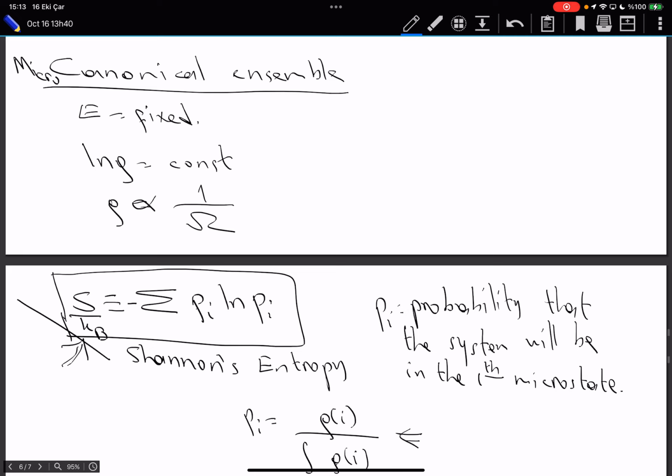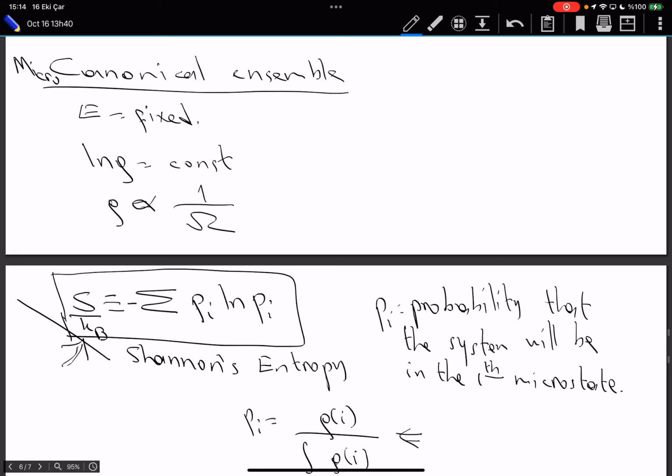If you remember our classical description, that number of microstates was given by the area in phase space. So 1 over the volume basically gives us the constant density in phase space. That's the density of the ensemble.